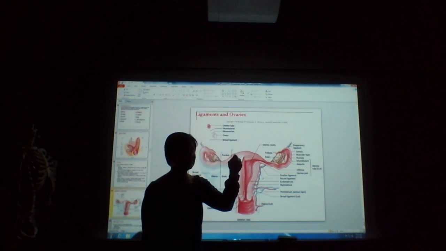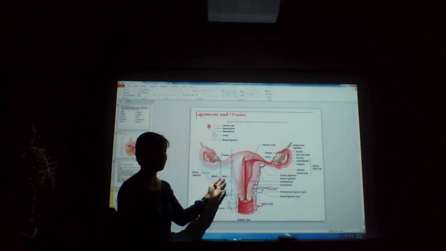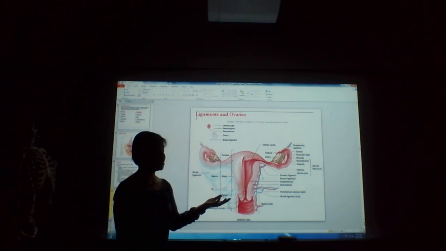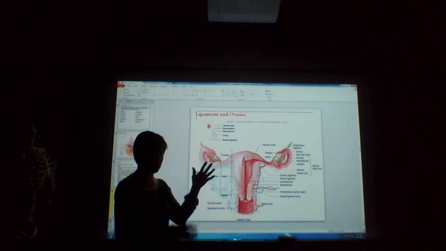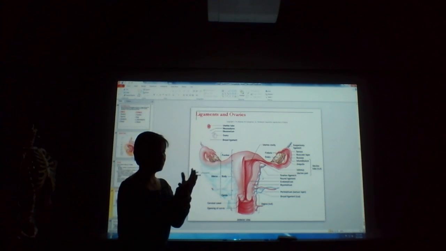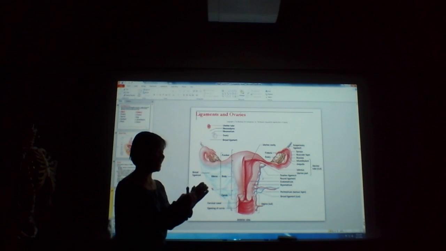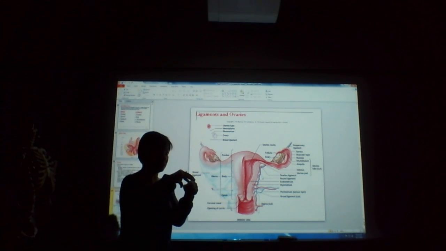What prevents it from floating around? There's ligaments. See? There's ligaments or connective tissue, just like your mesentery. So it's the same thing here. That makes sure all these organs don't go floating around in your abdominal cavity, and that the ovary is not far from the fallopian tube.